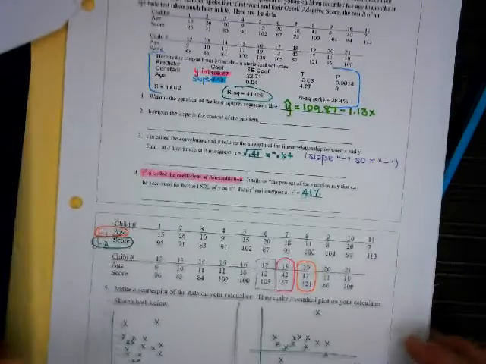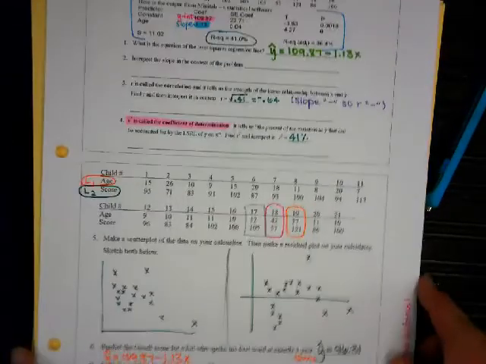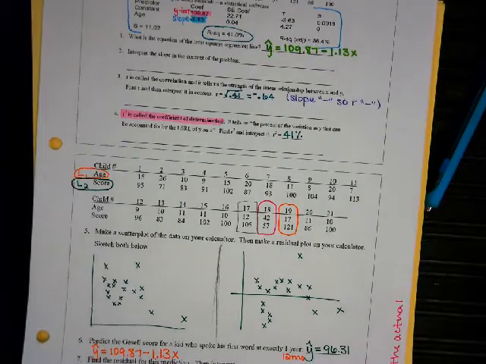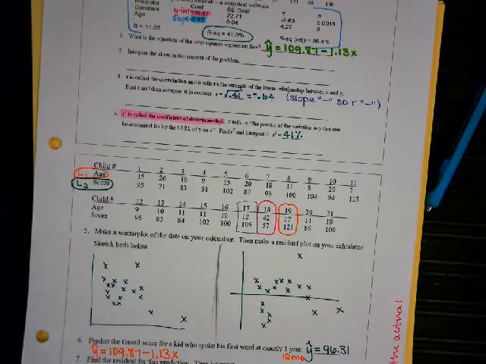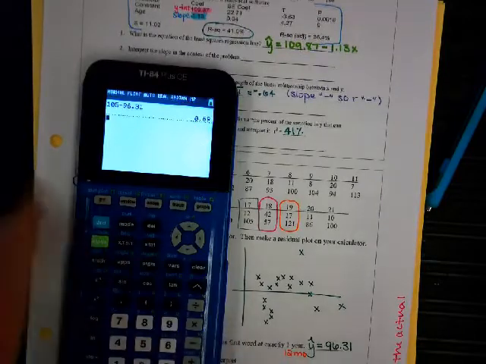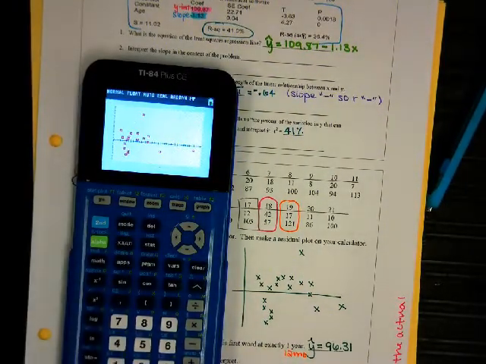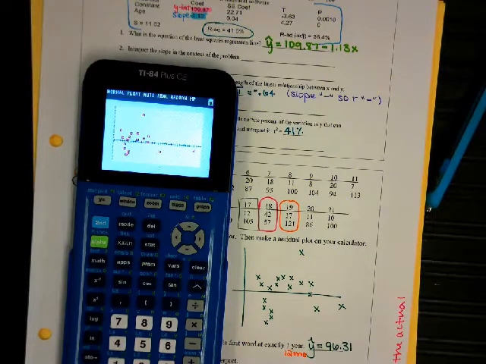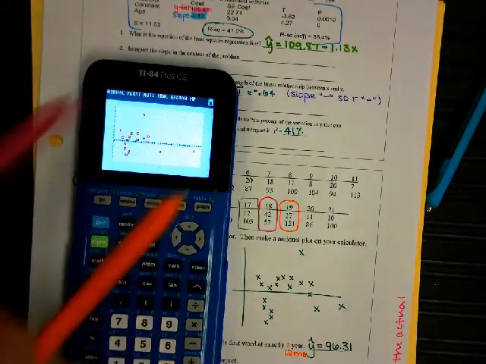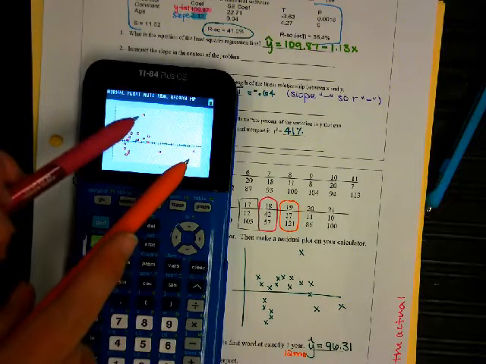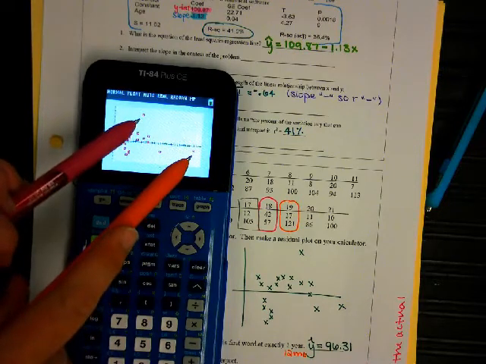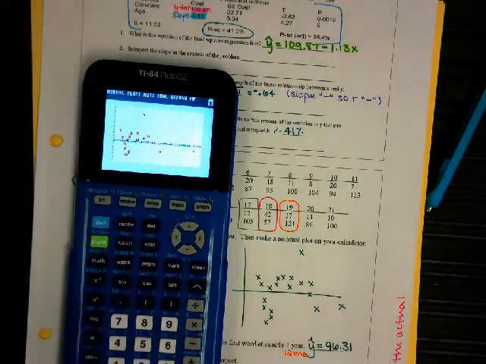So child 19, I'm going to remind you guys also of something cool about the calculator. Let's see if we go back to our graph. I'm pretty positive that these are my two outliers on my residual plot. They kind of stick out from everything else. So remember, if you hit trace, it'll actually allow you to go through the dots and figure out.